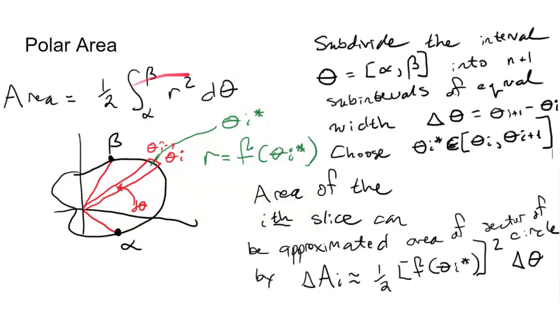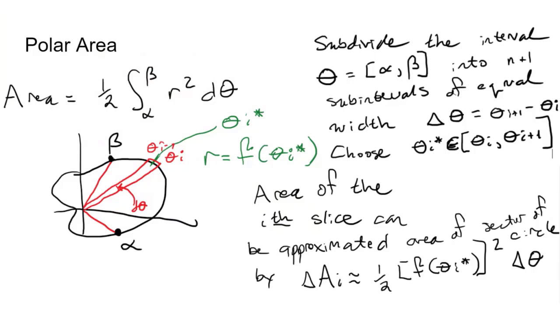And so what happens, how do we get this? We have to remember that area of a sector of a circle can be found by 1/2 radius squared times theta. So sector of a circle, 1/2 times r squared times theta, and theta is the angle of how much of the sector we want.